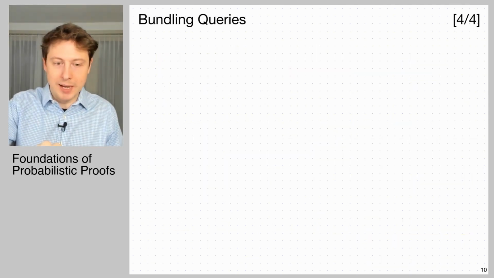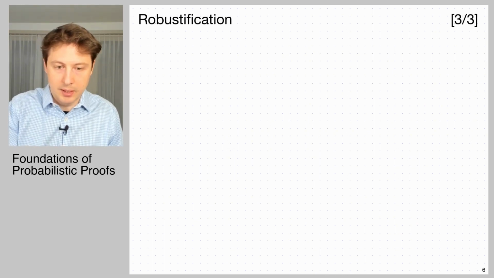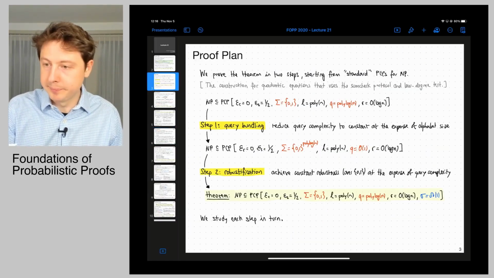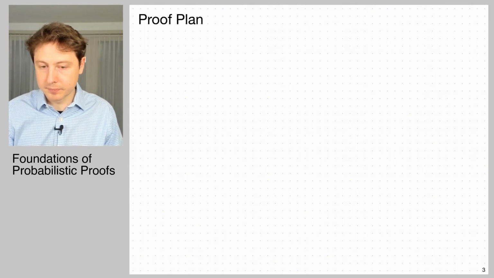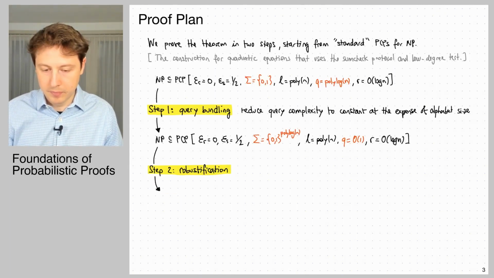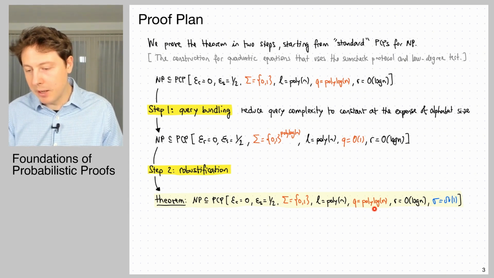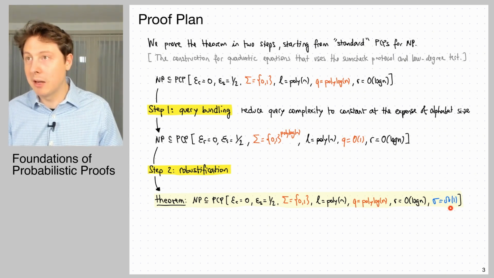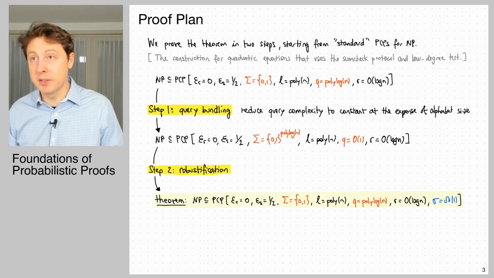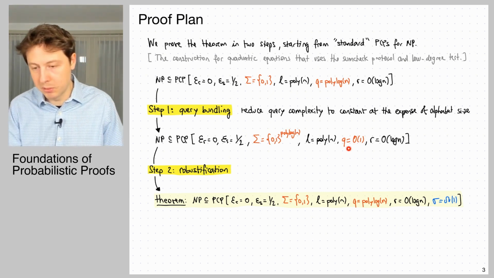So going back to over here. We first talked about robustification, which was breaking down large alphabet symbols using a code, so that after we break them down, thanks to the code, we have a constant robustness, 1 over q, but q is constant here.